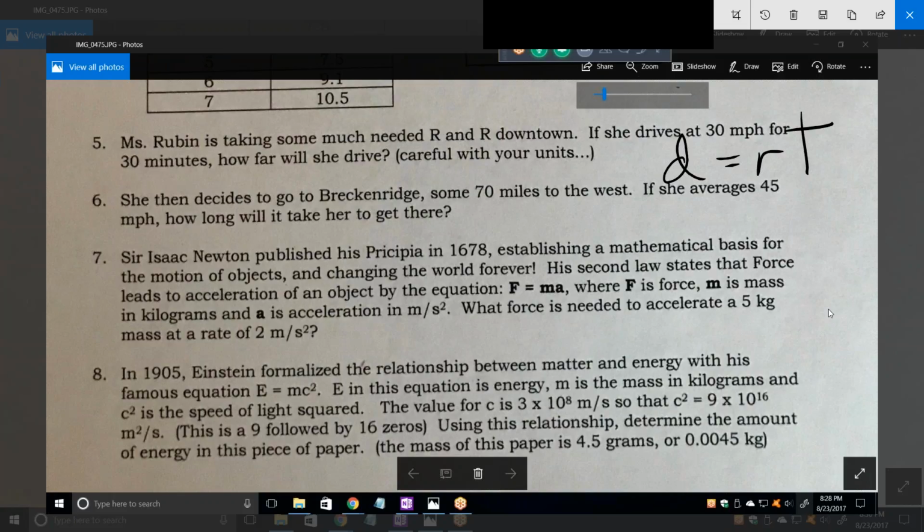So distance should be relatively easy. Distance is, and they said be careful of your units. That's miles per hour. And time is 30 minutes. That's 1/2 hour.